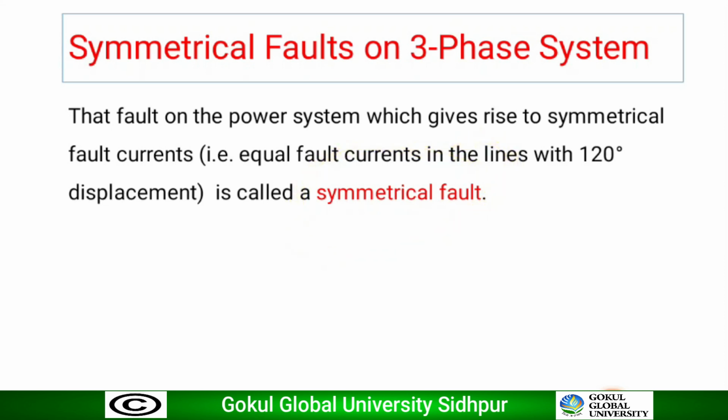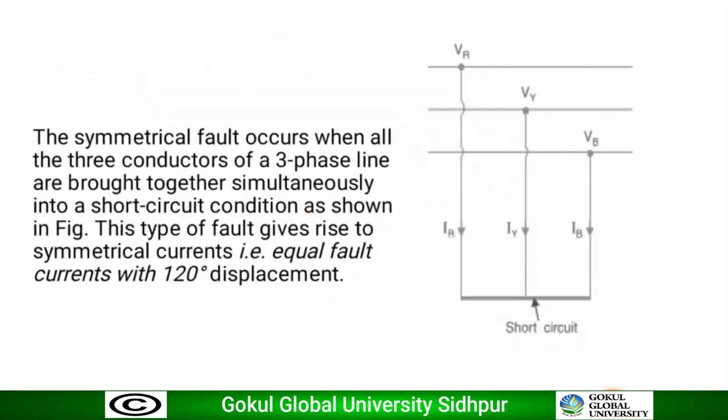The symmetrical fault occurs when all three conductors of a three-phase line are brought together simultaneously into a short circuit condition. Now see the figure. In this figure we are representing a three-phase system R, Y and B. VR represents the voltage across the R phase, Vy the voltage across the Y phase and Vb the voltage across the B phase. In a symmetrical fault, all three phases R, Y and B are short circuited.